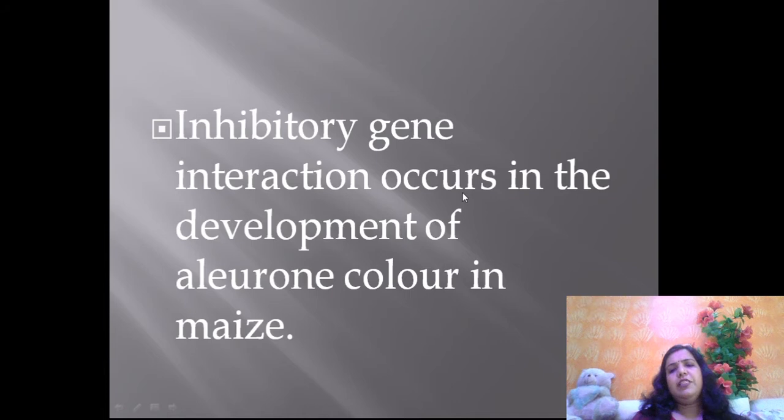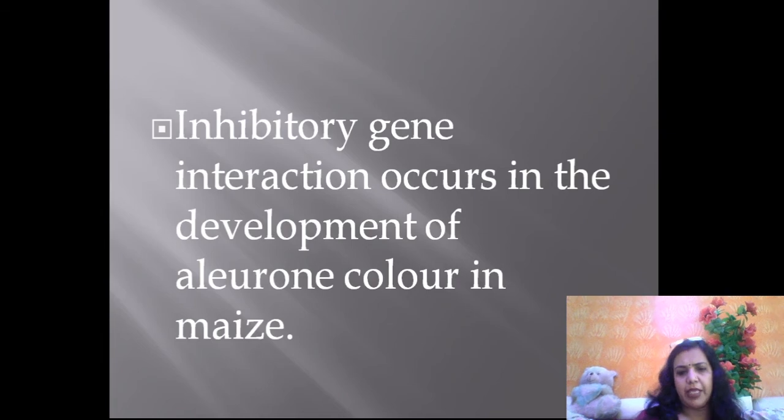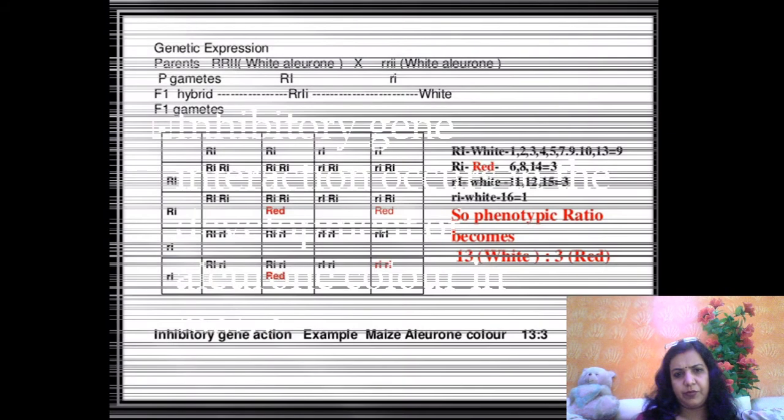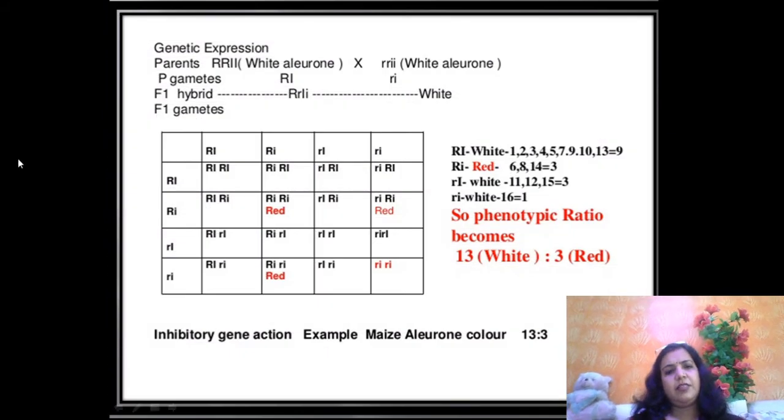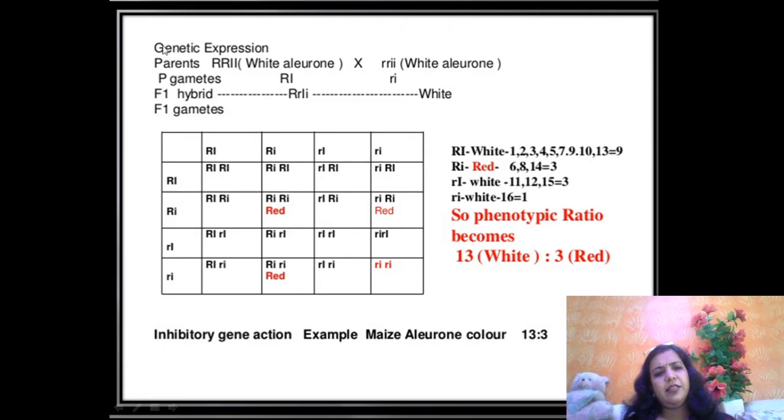Now we will see with an example how inhibitory gene action takes place, and the best example to explain this is development of aleurone color in maize. See this slide.